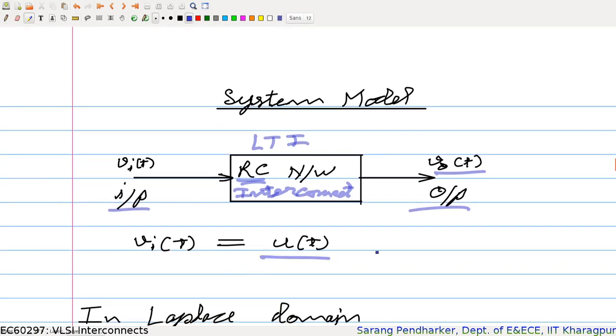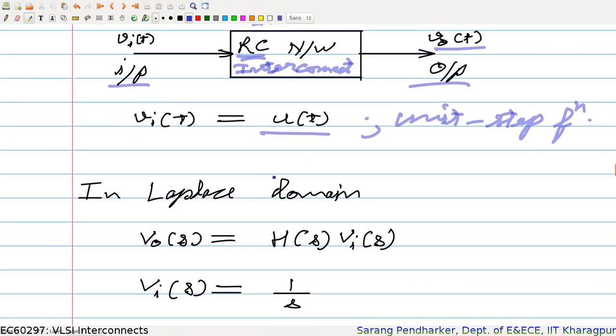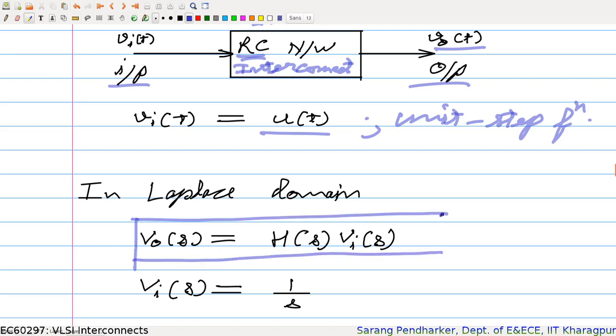Your input is unit step function, so u of t is unit step function. Now in the time domain, your output would be convolution of the input with the impulse response, but in the Laplace domain it's more simple. Your output V out of S is the transfer function times the input voltage.